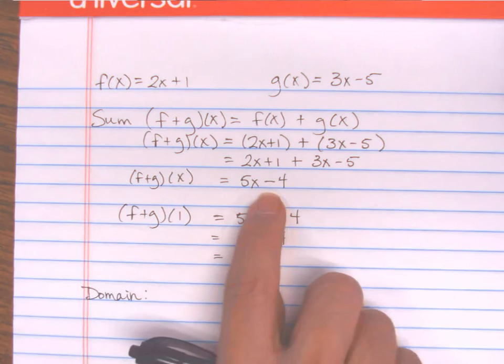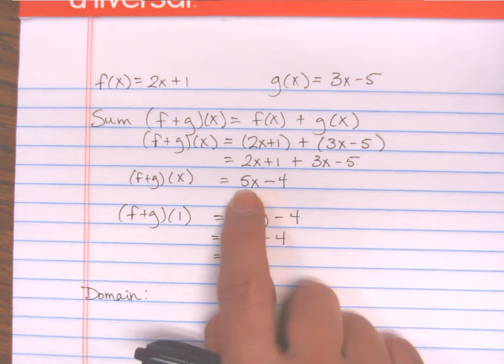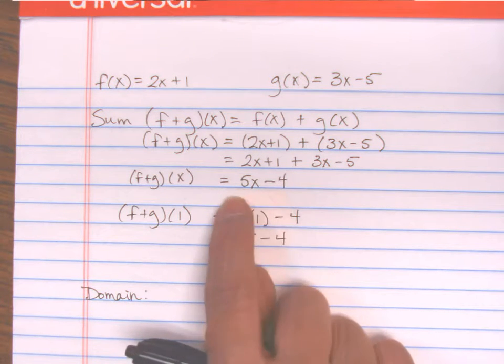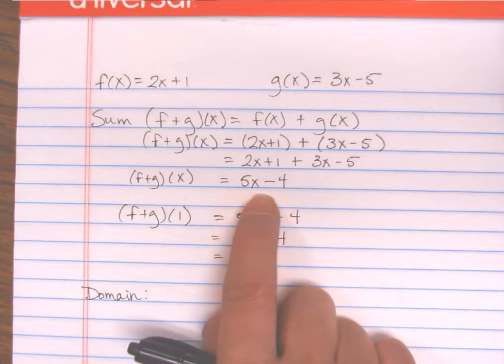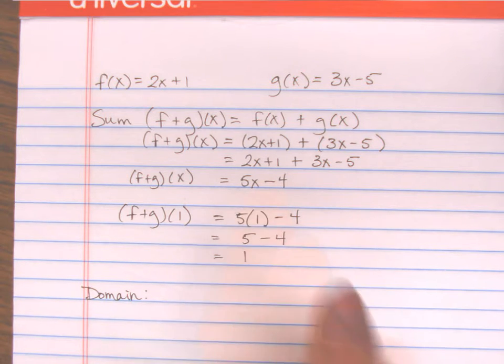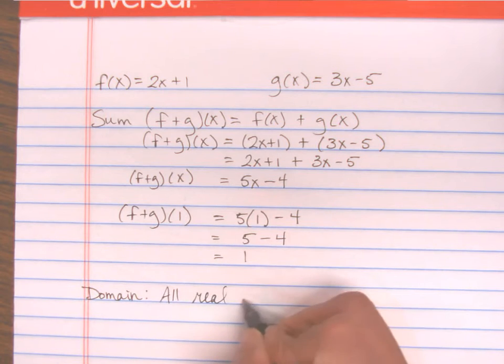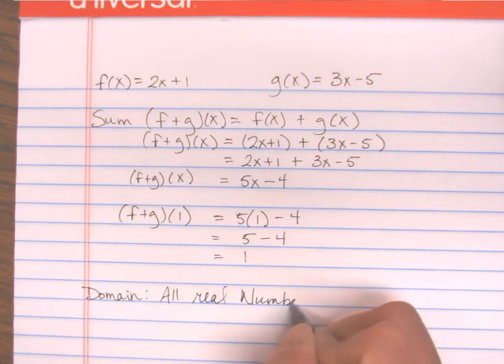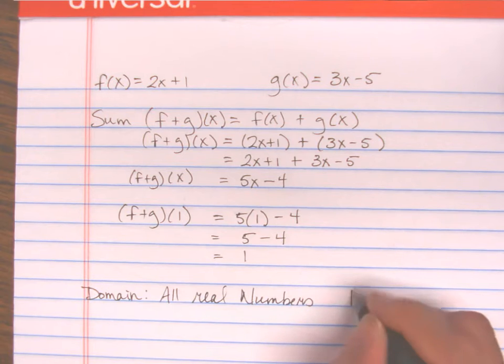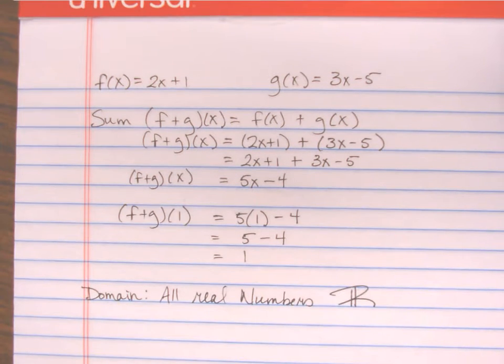Now that I've added them together, though, I'm still left with something linear, I'm still not going to get anything imaginary or anything undefined. So my domain remains all real numbers here. But remember, you might see the double R.